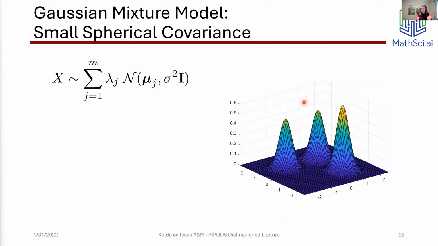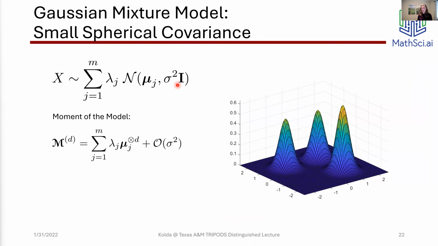So how can we use this? We're going to do a special assumption. We're going to assume that we have a Gaussian mixture model and that the covariance is just sigma squared times I, and sigma squared is kind of small. Then we know that the moment of the model is just a function of the parameters. So mu j and lambda j are the parameters that we're looking for.